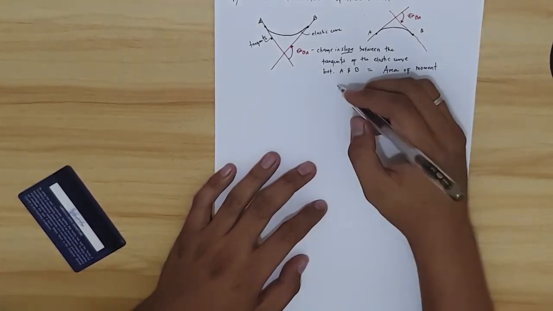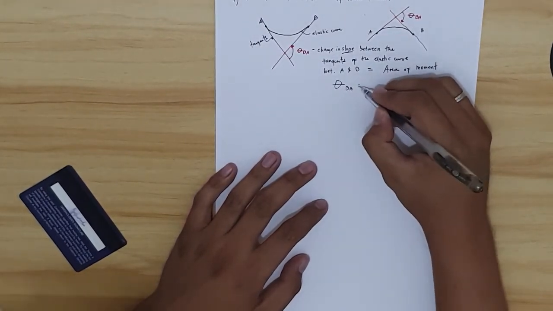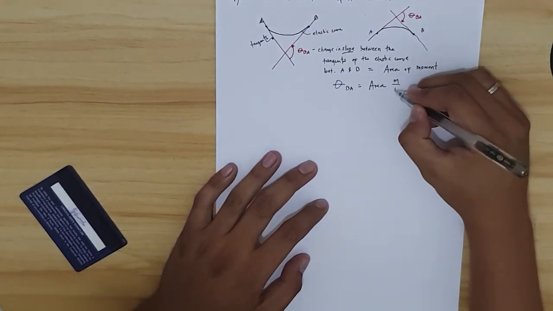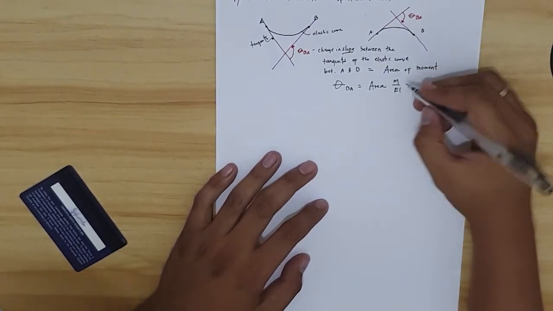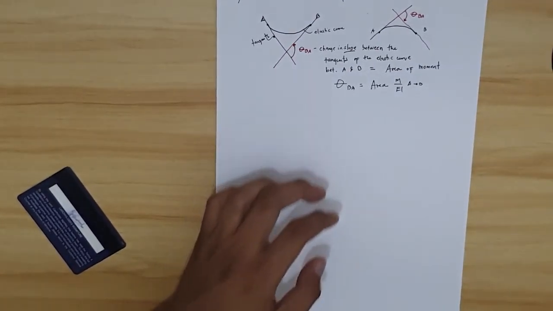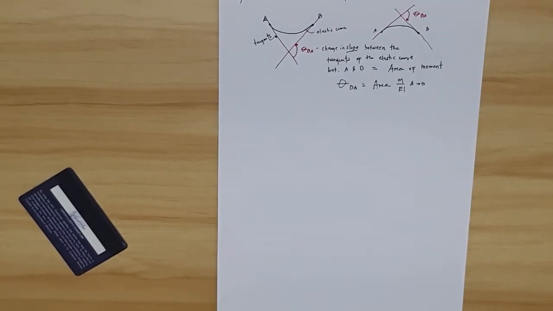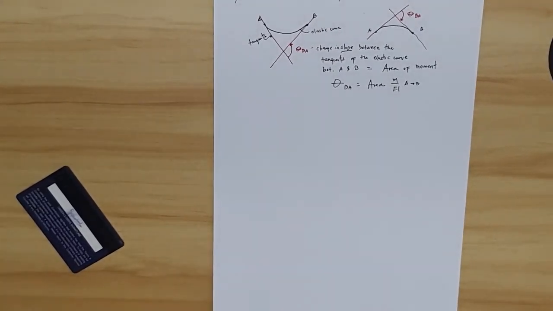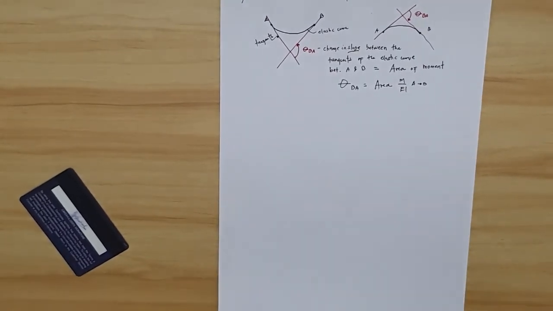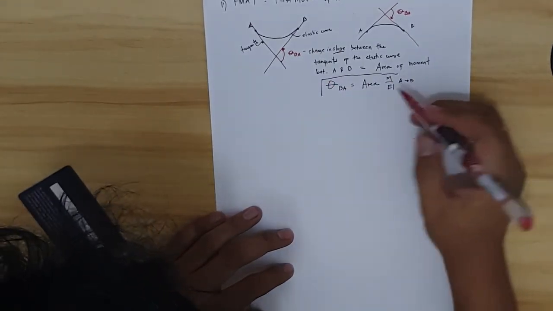Do you understand? So theta BA is equal to the area of M/EI from A to B. That is the first moment of area, first theorem.